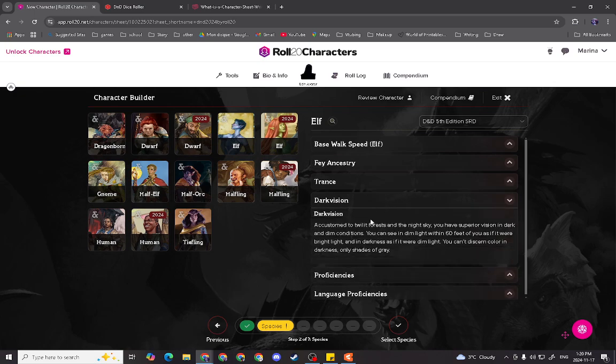Darkvision is you have superior vision in dark and dim conditions. So you can see within 60 feet of you. If the light is dim, you can see as if it was bright.